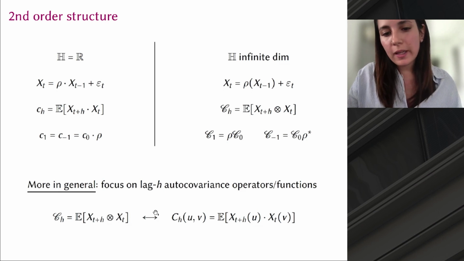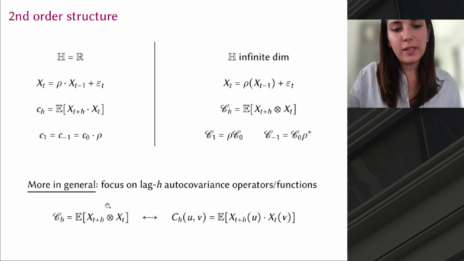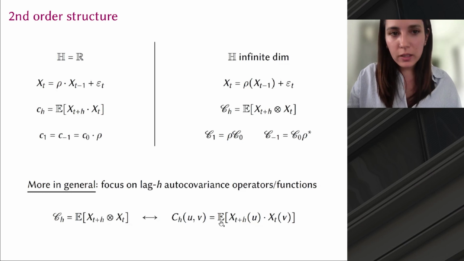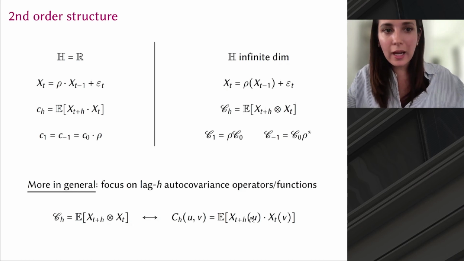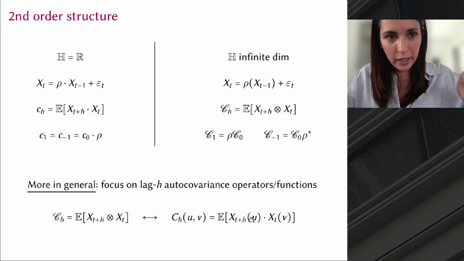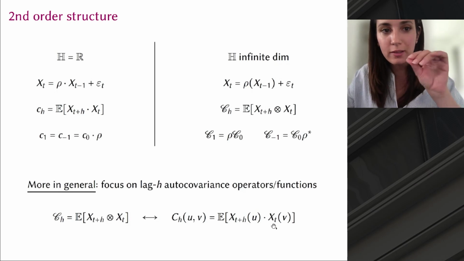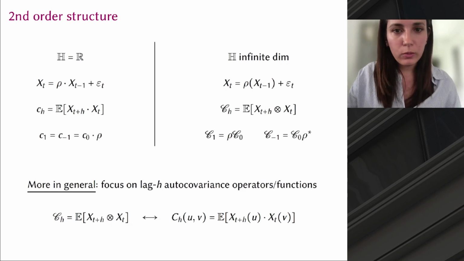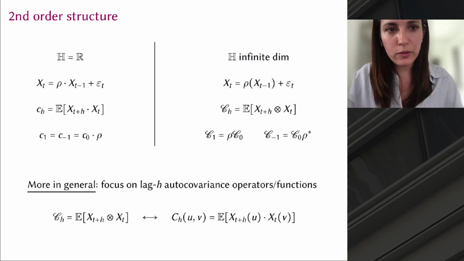So there is a connection between the operator and the function, the autocovariance function Ch, which is defined as the expected value of the product of my function at time t plus h computed at u, whatever the domain is, and my function at time t computed at v, whatever my domain is. So for instance, if we are looking at the sphere, u and v will belong to the sphere.